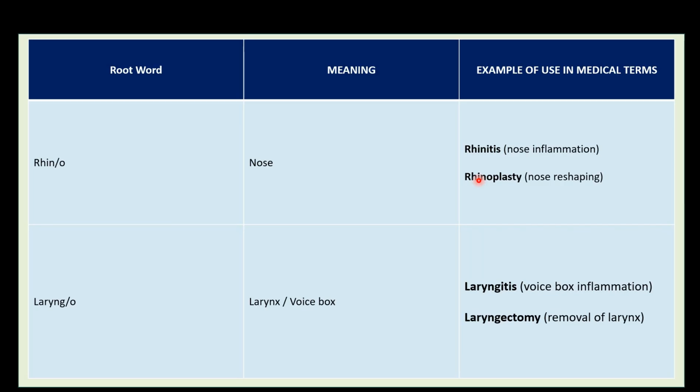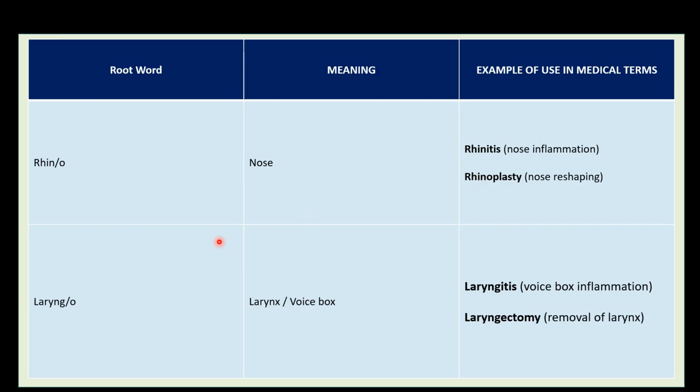Rhinoplasty means nose reshaping. Here the treatment is related to the nose. For any medical purpose, if the nose is reshaped, we use the terminology rhinoplasty, where rhino is the root word and plasty is the suffix.